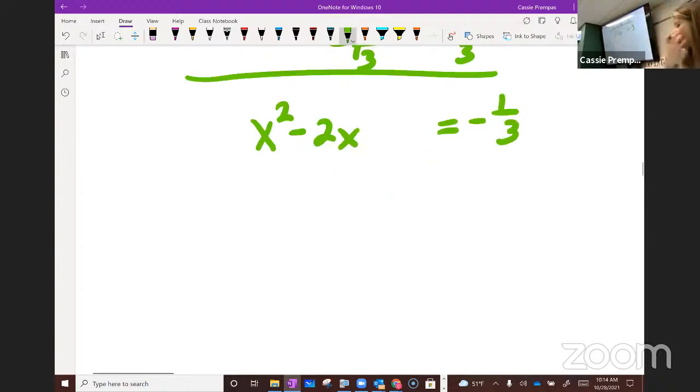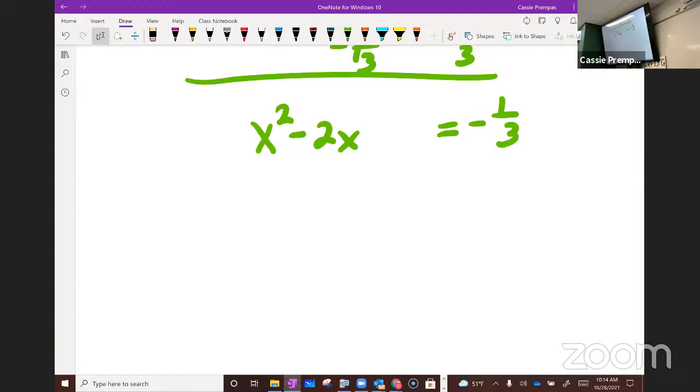And now I need to use the process of completing the square. What I'd like you to do is turn to your partner, and the person with the dream profession that would take less schooling, you turn and tell them, what should we add to both sides of the equation?